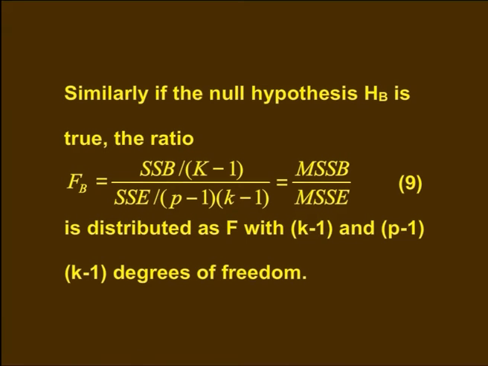Similarly, if the null hypothesis HB is true, the ratio FB equals SSB by its degrees of freedom k minus 1, whole divided by SSE divided by its degrees of freedom (p minus 1) into (k minus 1), that is equal to mean block sum of squares divided by mean error sum of squares, is distributed as F with k minus 1 and (p minus 1) into (k minus 1) degrees of freedom.